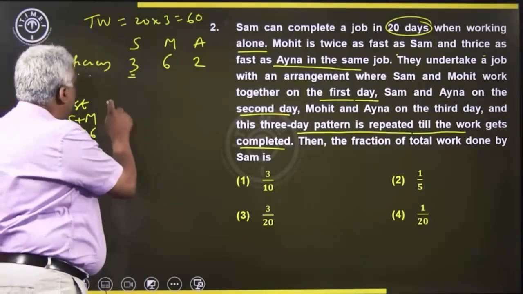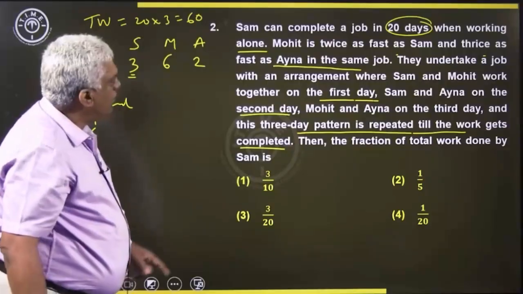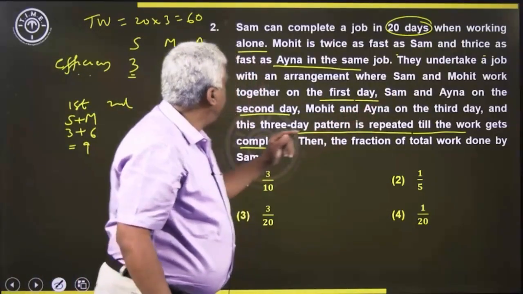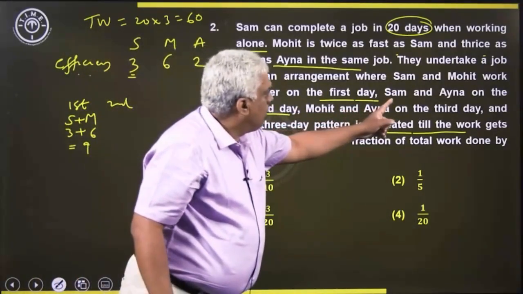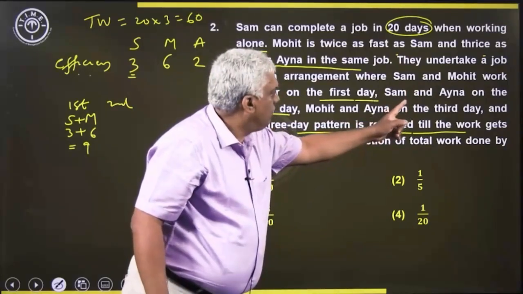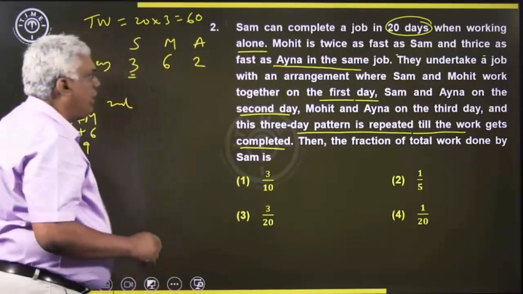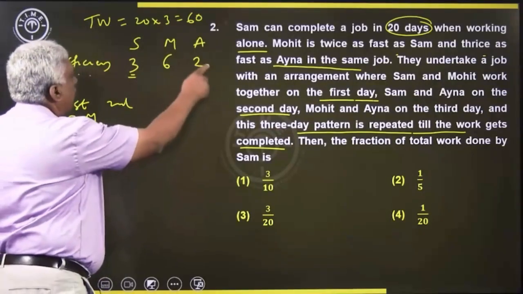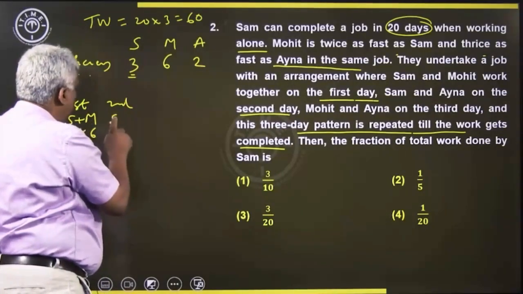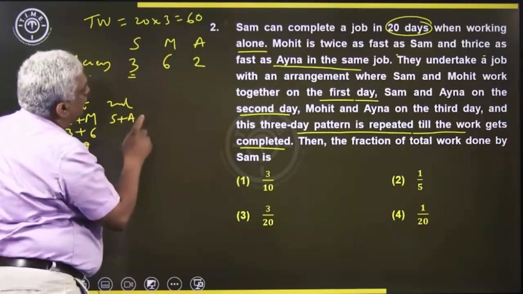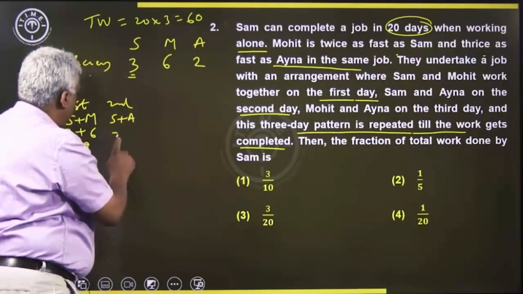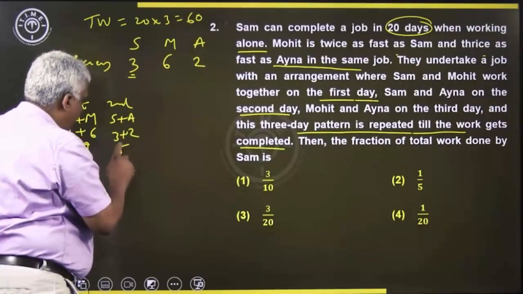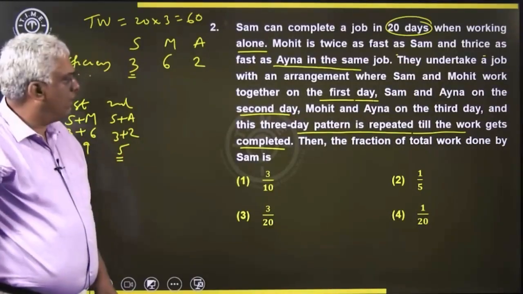Second day, S and A, Sam and Aina are working. So S plus A, 3 plus 2, 5 units of work is done on the second day.